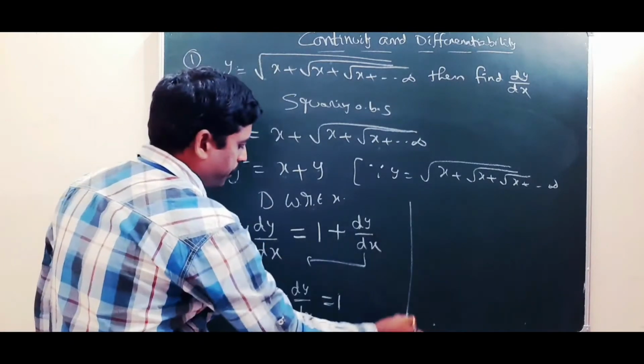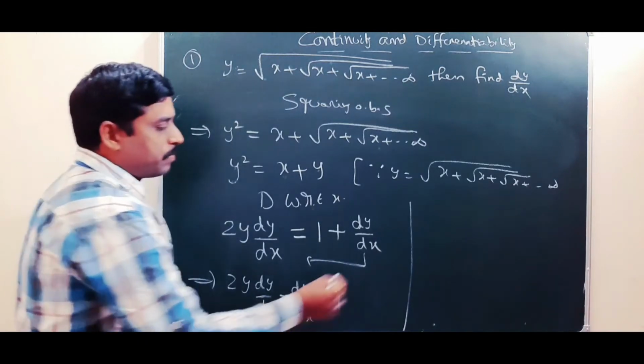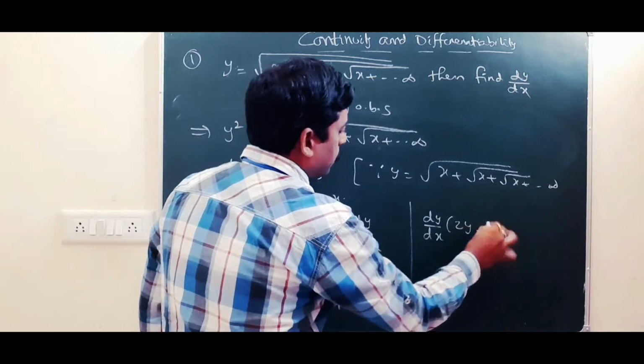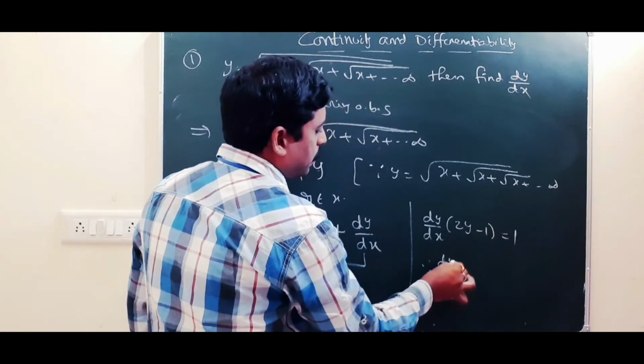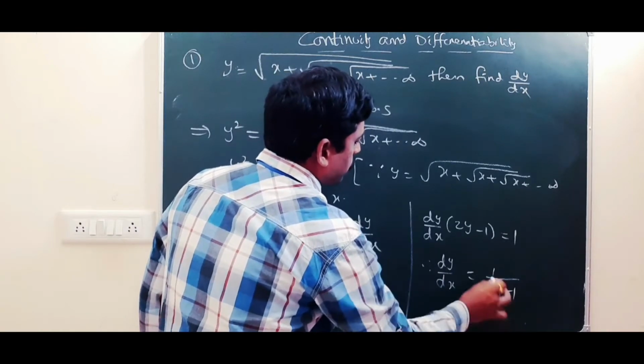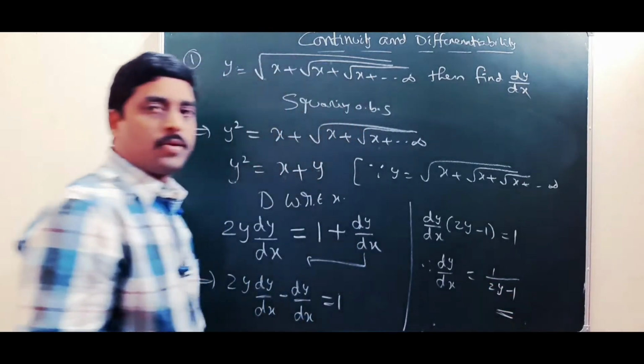Therefore, take dy by dx common, so dy by dx into 2y minus 1 is equal to 1. Therefore dy by dx is equal to 1 by 2y minus 1. So the answer is 1 by 2y minus 1.